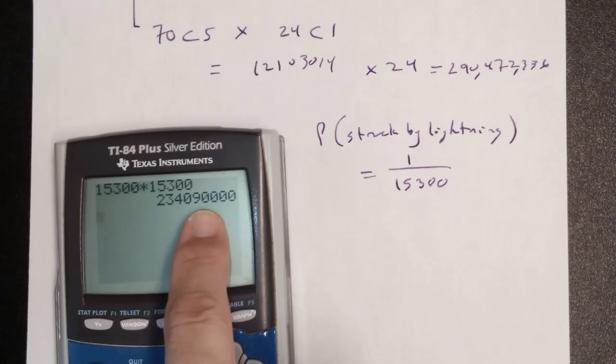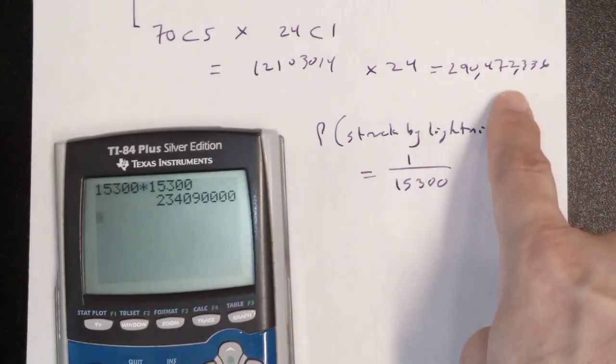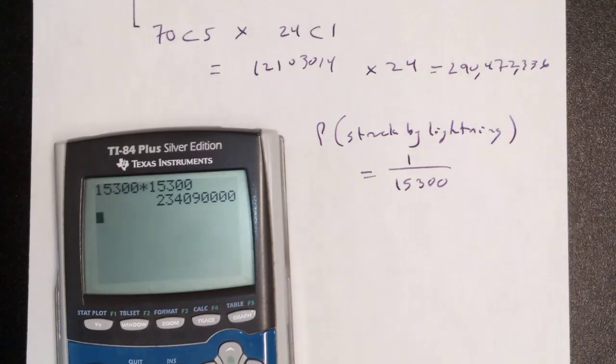Please notice this number is smaller than this one. You stand a better chance of being struck by lightning twice than you do of hitting the Mega Millions. And this is why lottery is a tax on people who are bad at math. I love the idea, but it's more likely for me to get hit by lightning twice.